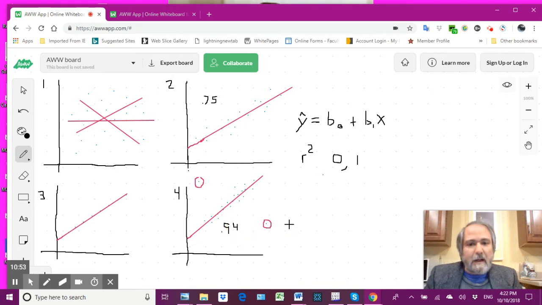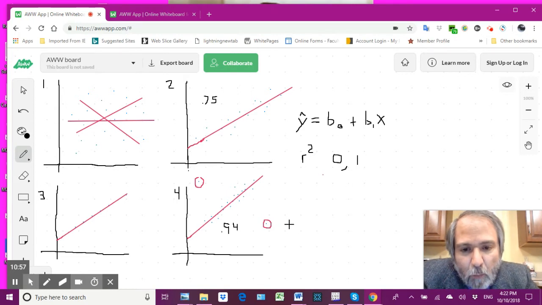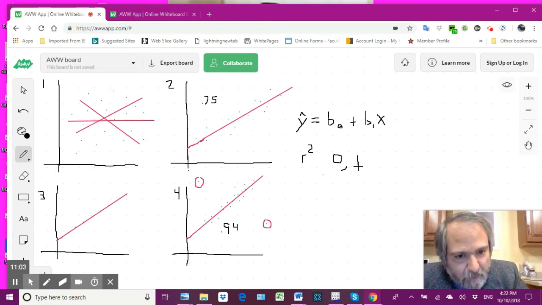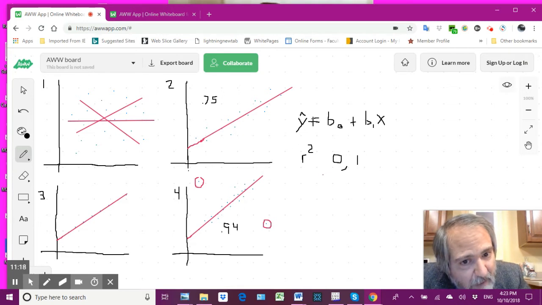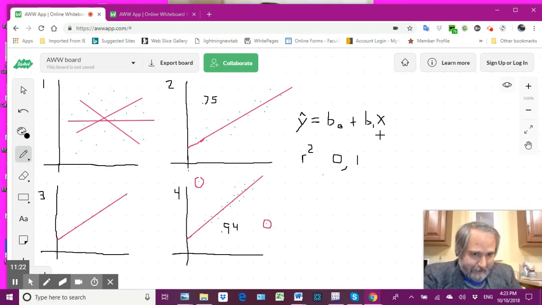Okay. Now, what does the R squared value mean? I already told you the two extremes, 0 and 1. Another way of looking at it is saying, like in this case here, R squared equals 0.75. That means 75% of the variation in the response of the dependent variable can be explained by the independent variable.